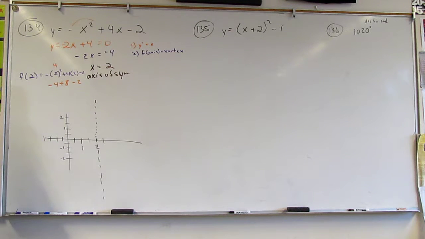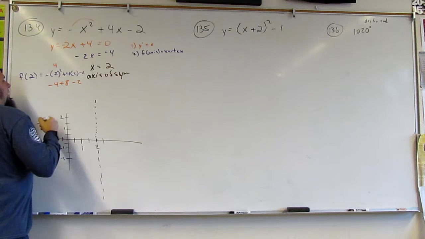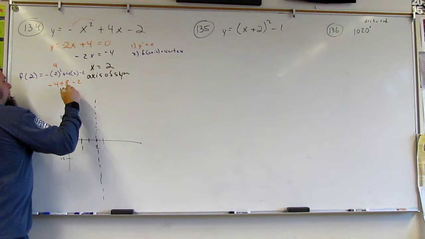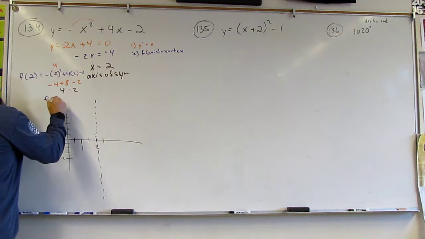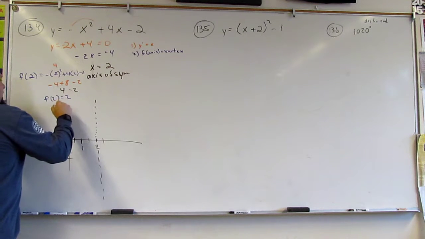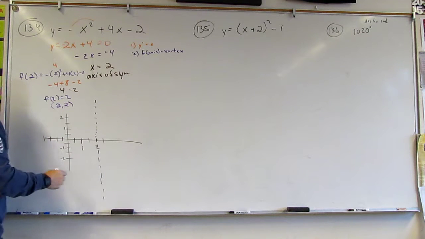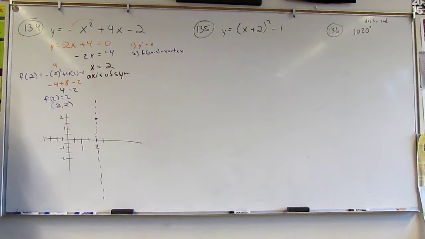They are, so that's good. Now, boom, boom. That should be a 4 minus 2. That puts us at f of 2 is equal to 2, which makes it 2 and 2. So that means right up here is your vertex.